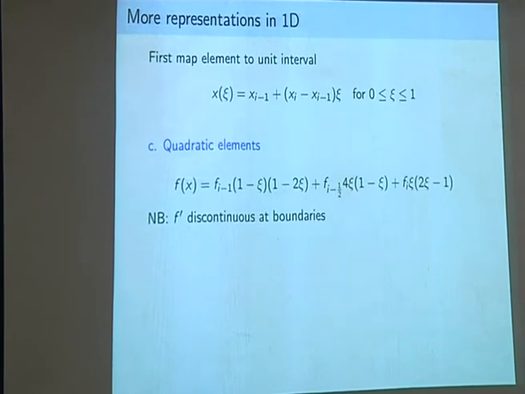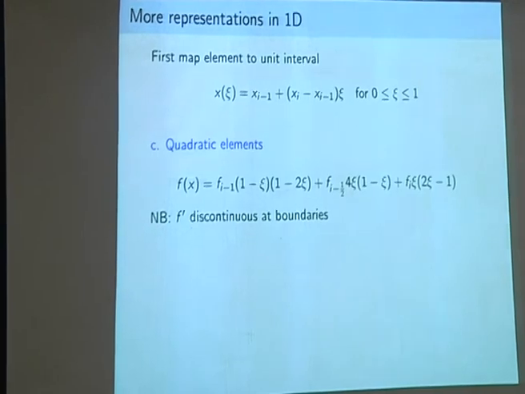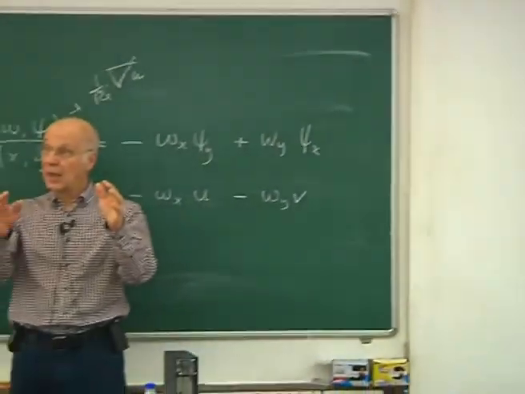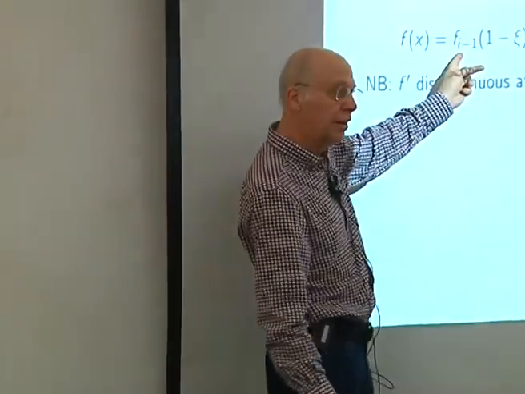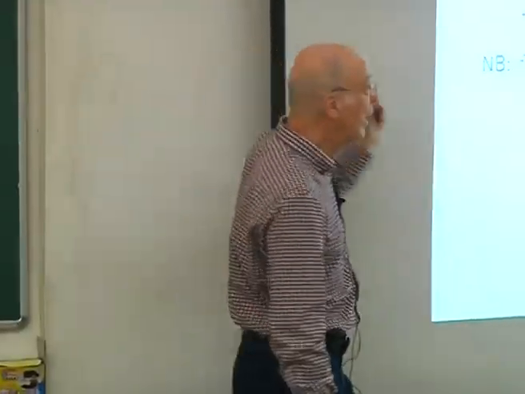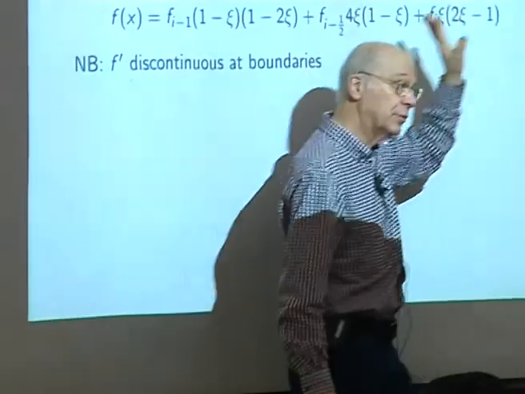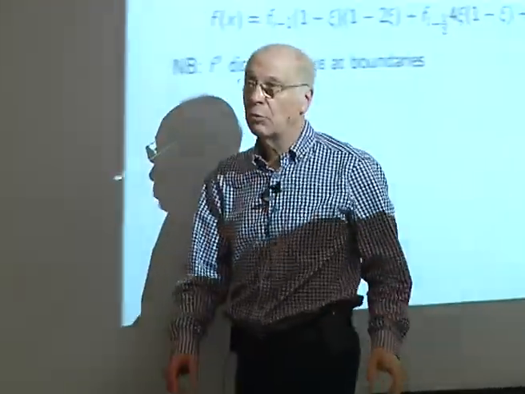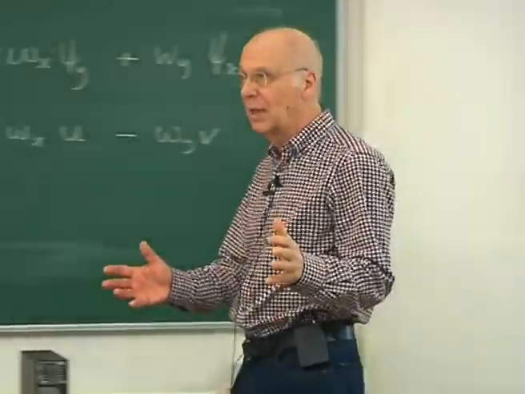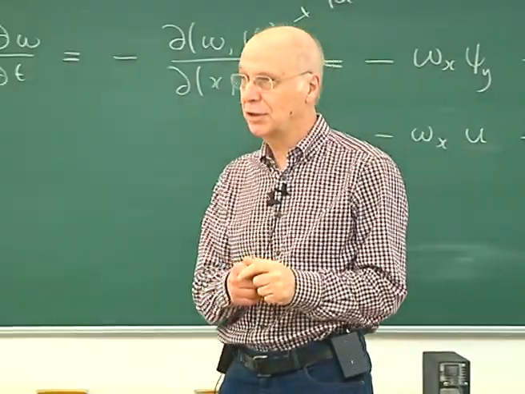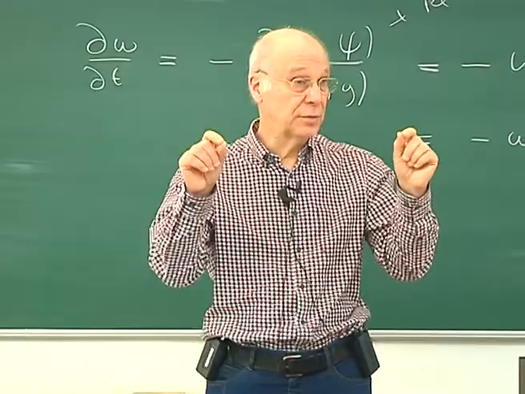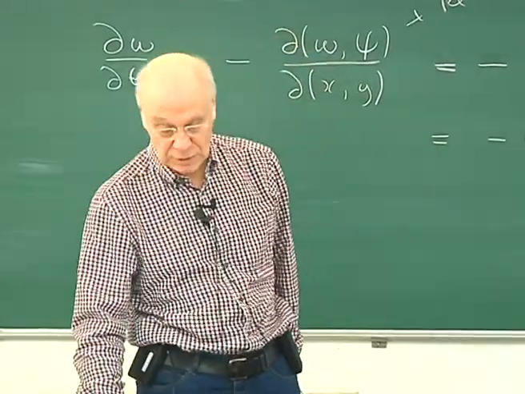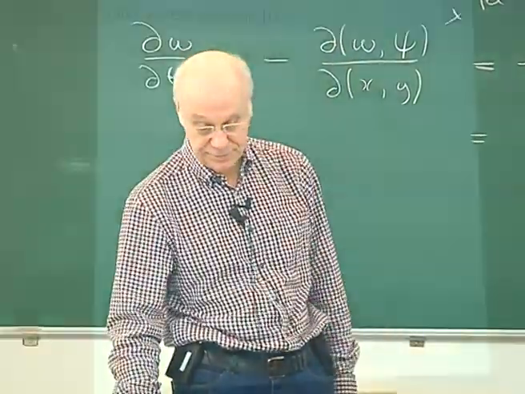So this is a quadratic, it's nice. So we're representing the unknown by a nice smooth quadratic in the interior. And if we use the same value f(i-1) in the interval before, and the same value f(i) in the interval next along, we've got a continuous function, except the derivative's not continuous at the ends of the intervals. So it's better, but it's not perfect.